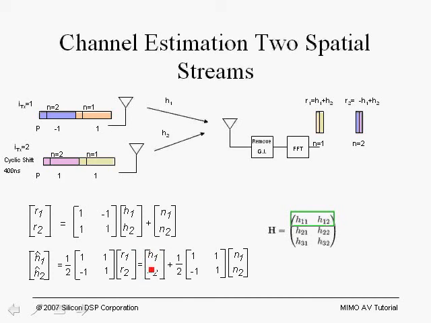You can see that, for example, for the first element we get 1 times 1 plus 1 times 1, and we get 1 times minus 1 plus 1 times 1, which is 0 for the off-diagonal element. So we get the identity matrix, which recovers H1 and H2, and we have this matrix times n, the noise. Again, the noise vector is a 2 by 1 vector corresponding to the noise for R1 and R2 at the two different time slots.